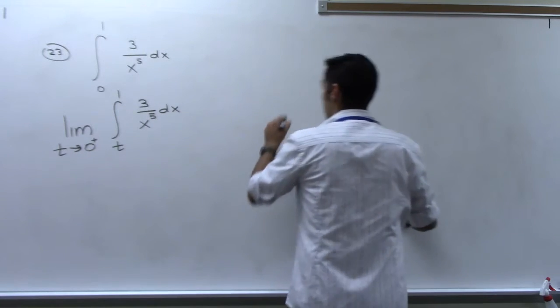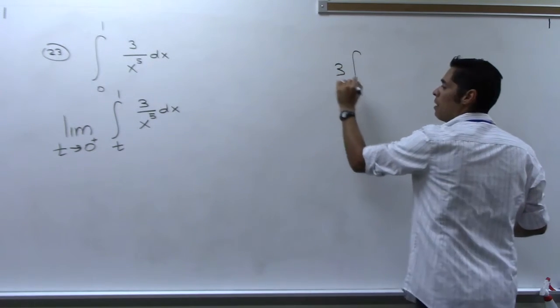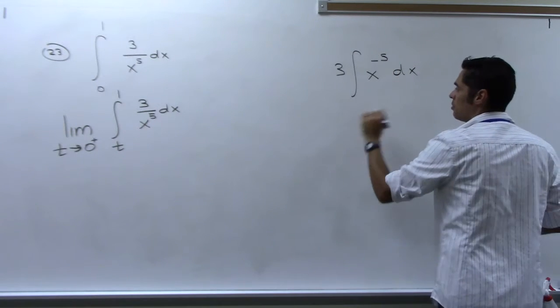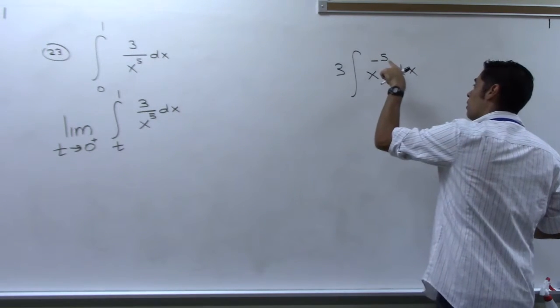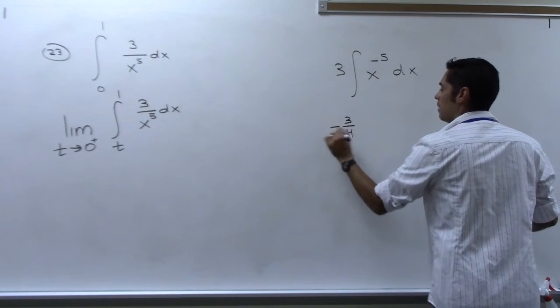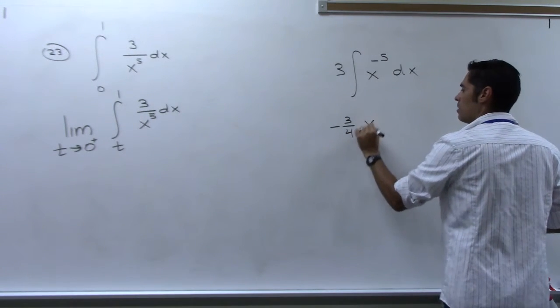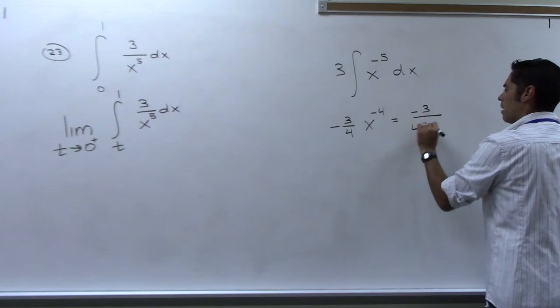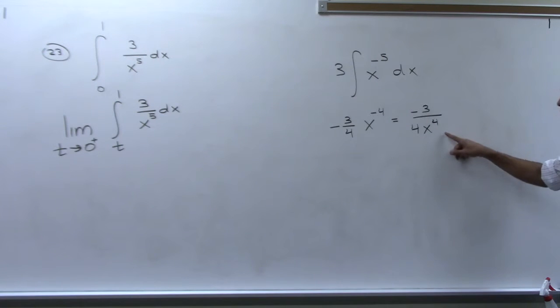So antiderivative there. This one hopefully doesn't require much thought. There's our integral. We just use power rule on this, so add 1 to that, you get -4, so it's going to be -3/4 x to the -4, or -3 over 4x to the 4th. That's your antiderivative.